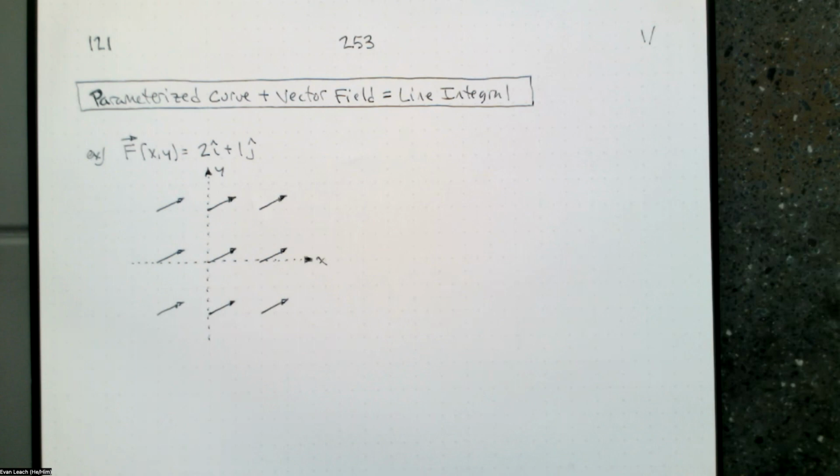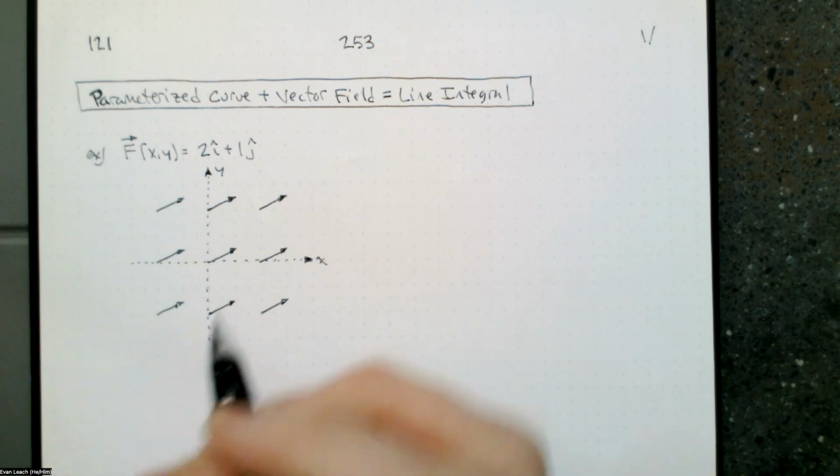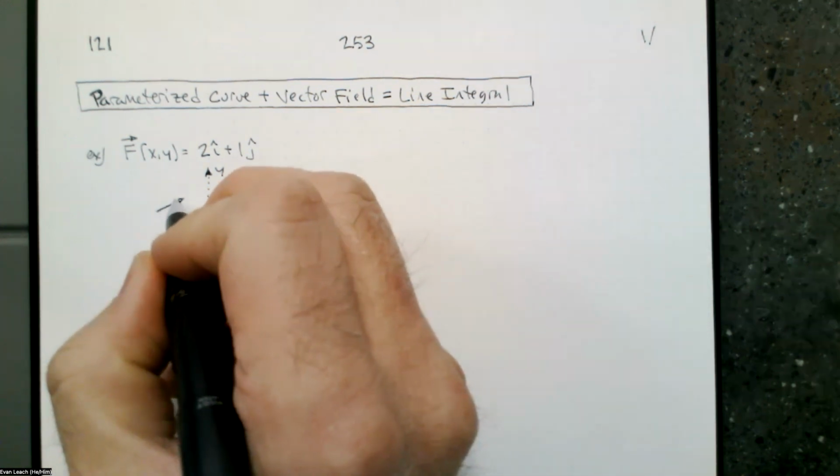So let's talk about what a line integral is going to represent. All right. So we're going to grab a vector field from last week, our favorite vector field, a nice simple vector field. And remember the two things that we care about when we're looking at a vector field.